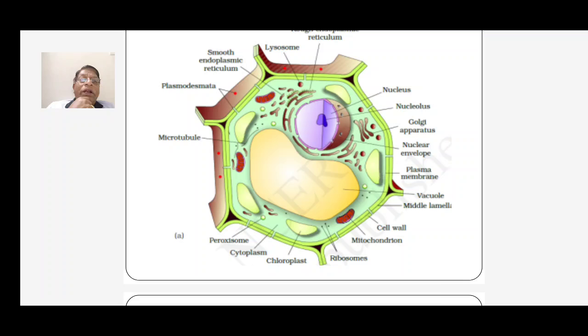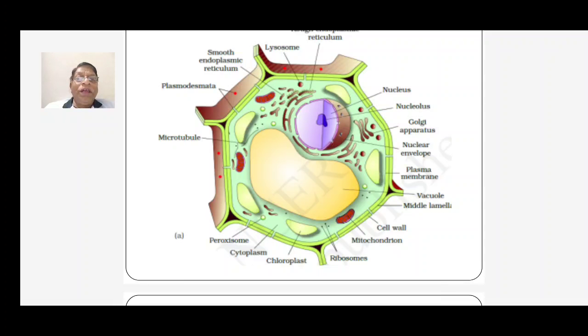Very important. One more difference between plant cell and animal cell. Here it is mentioned as chloroplast. Chloroplast is a type of plastid, that is green plastid.